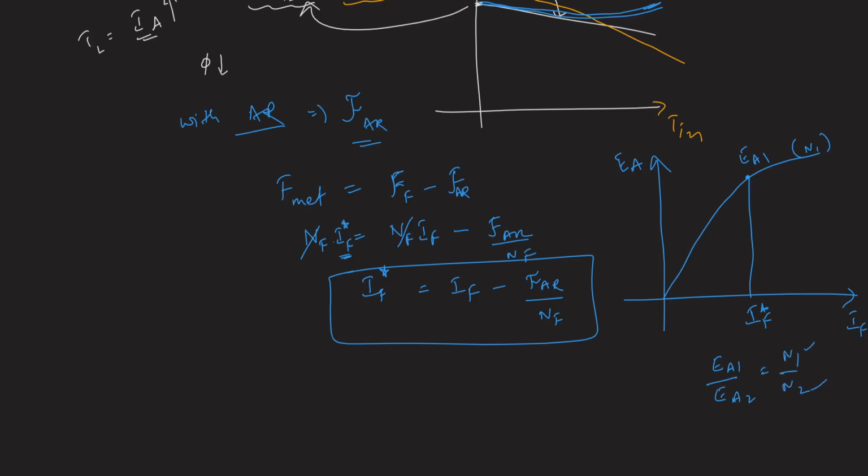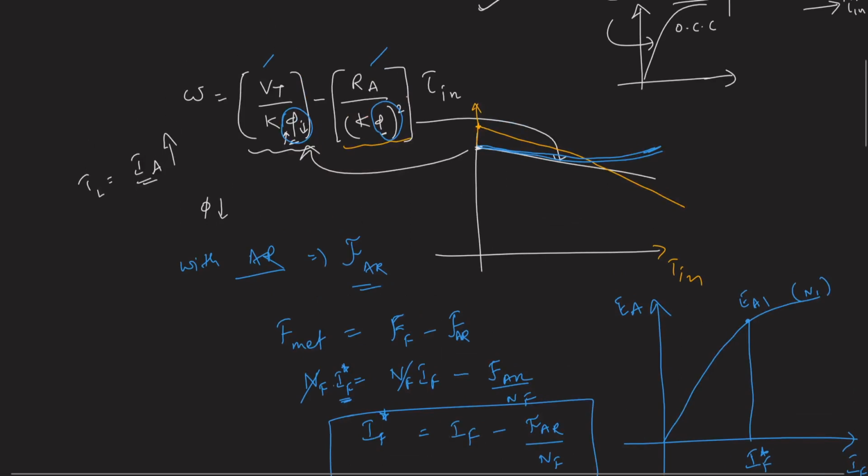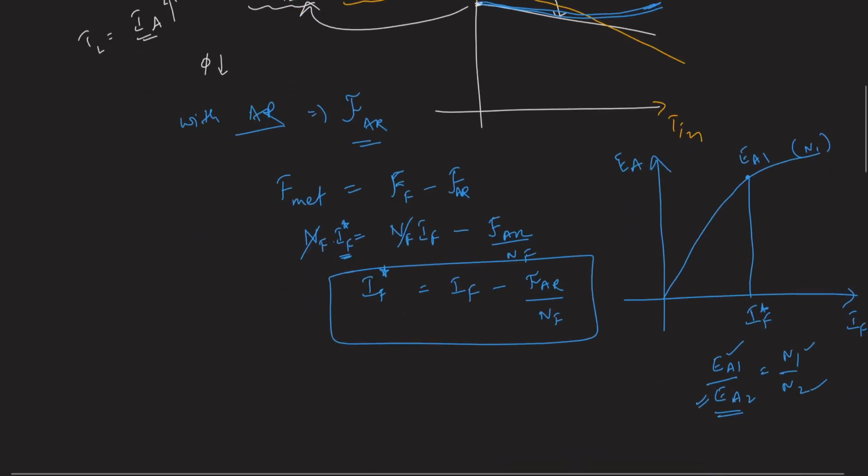If these two speeds are known, and EA1 is known from here, then I can calculate EA2. Once I know EA2, I can calculate the armature current and hence the torque. So that is the background on how to take armature reaction into account and calculate the new corresponding values.